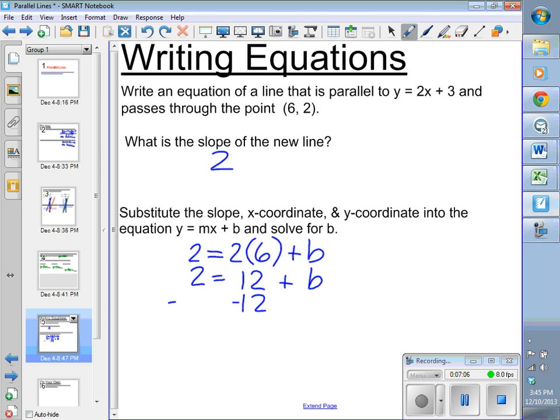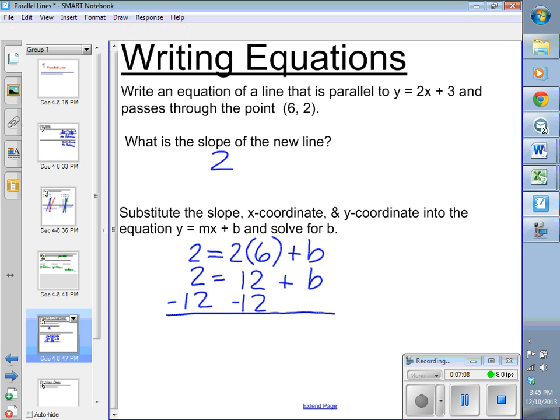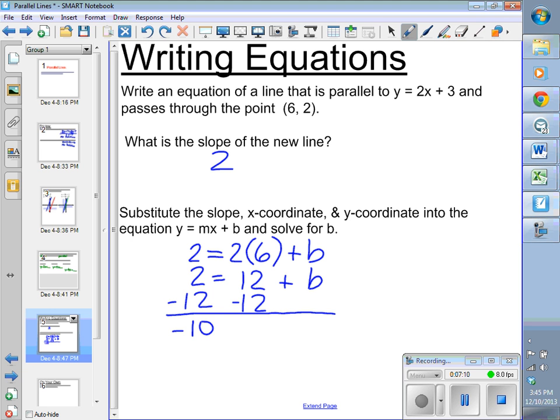We subtract 12 from both sides, leaving us with negative 10 equals b. So now we have a new equation of y equals 2x plus negative 10, or to simplify it even further, 2x minus 10.